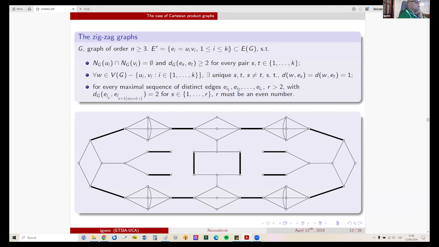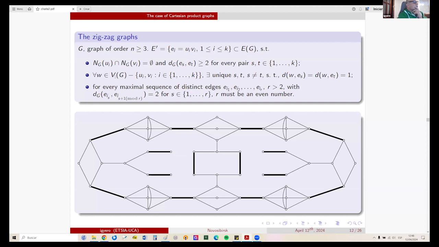And there will be a situation that in the neighborhood of the vertices belonging to these edges, I mean, Ei is Ui Bi, the intersection of the neighborhoods of Ui and Bi is empty. And the distance between any two edges of this set of edges is at least 2 for every pair.